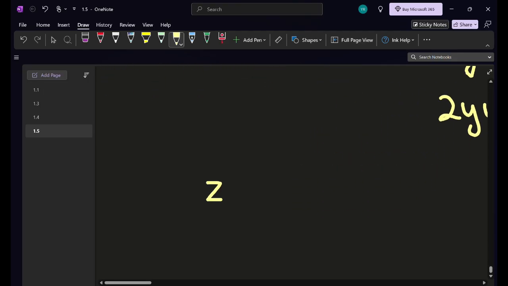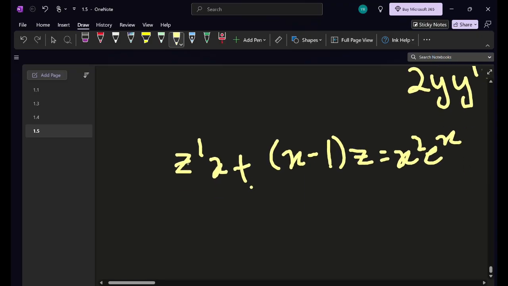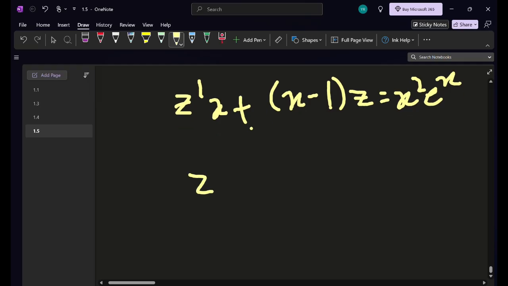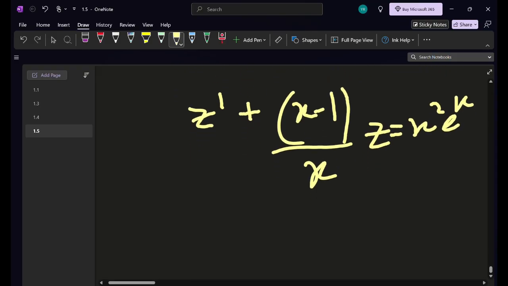So substituting the values, we get z'x plus (x minus 1)z is equal to x² e^x. Now we have to divide the whole term by x because there is an extra x over here, so we're just going to do that. So this is going to be z' plus (x minus 1)/x z is equal to x e^x.